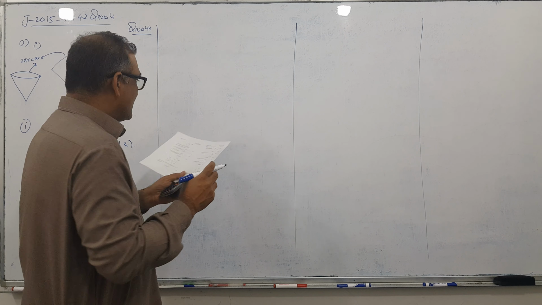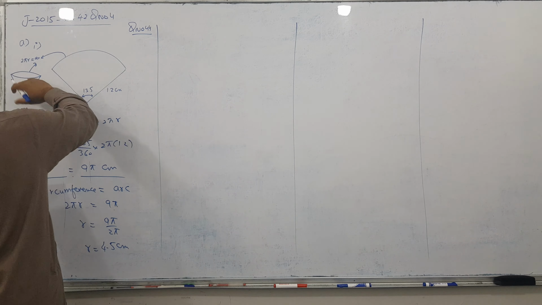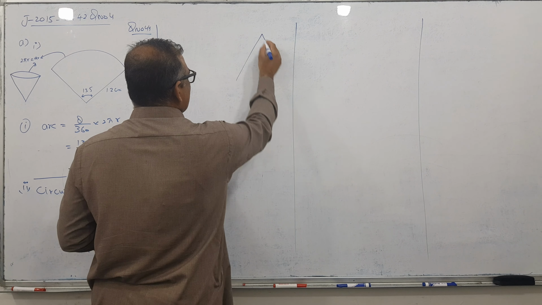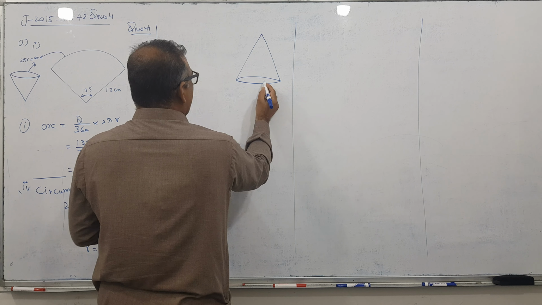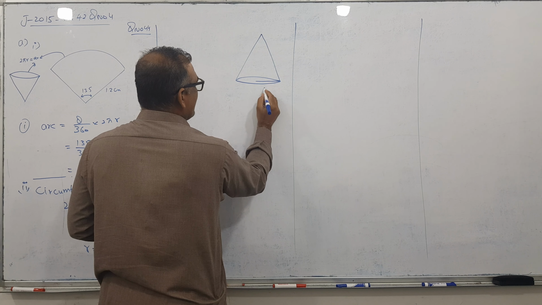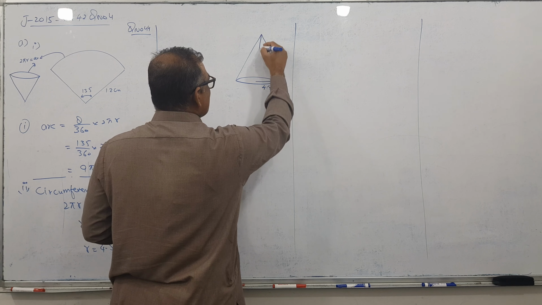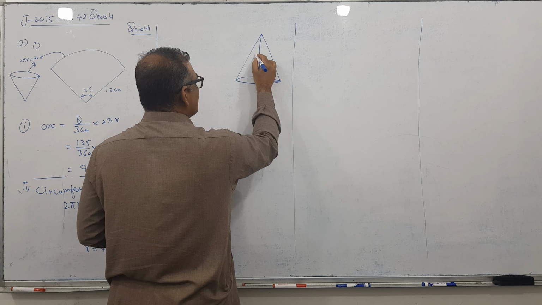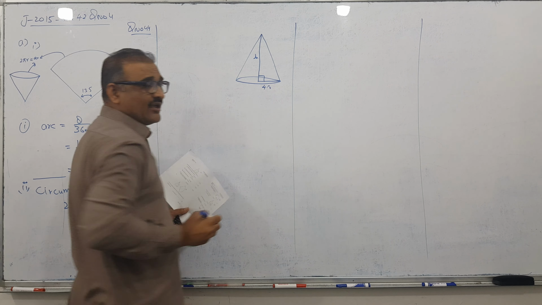In the next part he said we have a cone. I just flipped it, so this is the kind of cone we have now. The radius is 4.5, this is the height, and here we have 90 degrees.